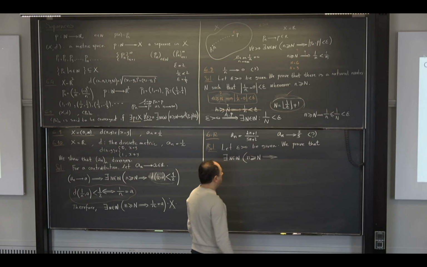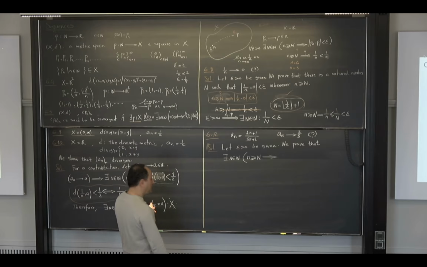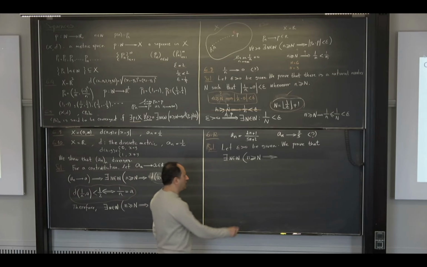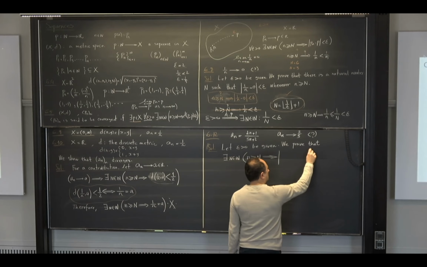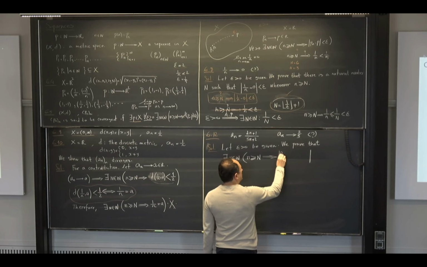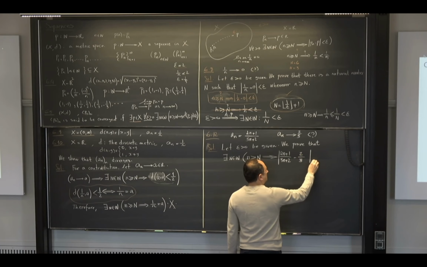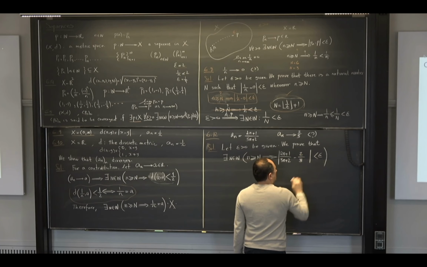Can you fill it up for me? Because this is just the normal sequence in the Euclidean space, instead of d, I have absolute value. So what should I write? The absolute value of my sequence minus 2/3. If you don't mind, let me write this instead of writing it in two steps. Less than epsilon.